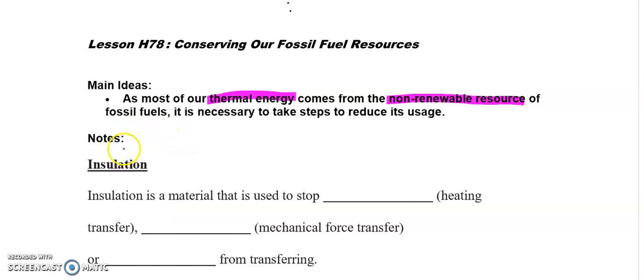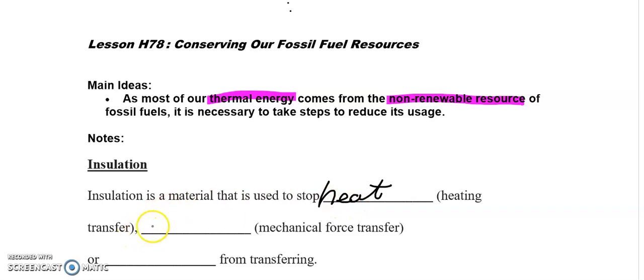Now, there are a couple of things to help us reduce or conserve our use of fossil fuels by keeping the thermal energy store where we want it and not losing it to the environment. The first thing that we can do is insulation, which is really just a material to stop heat transfer.